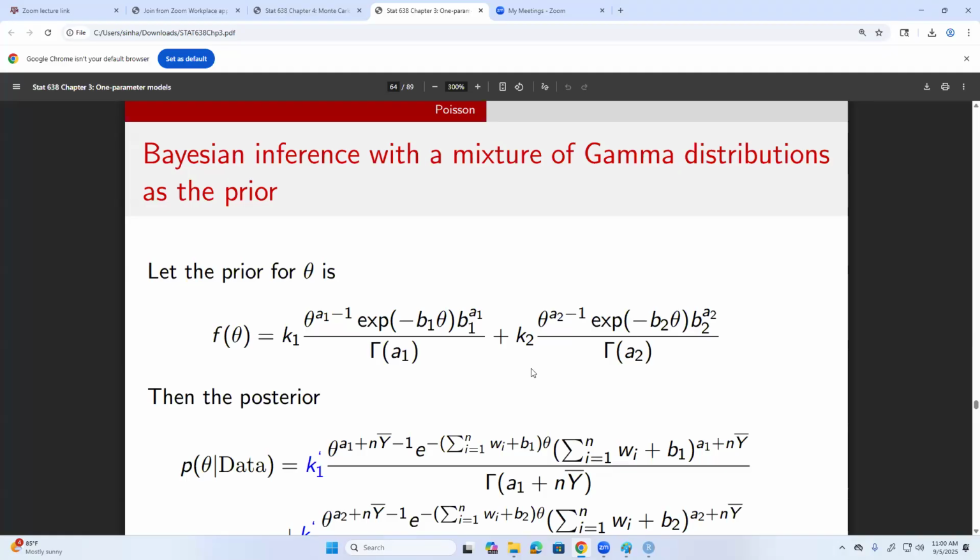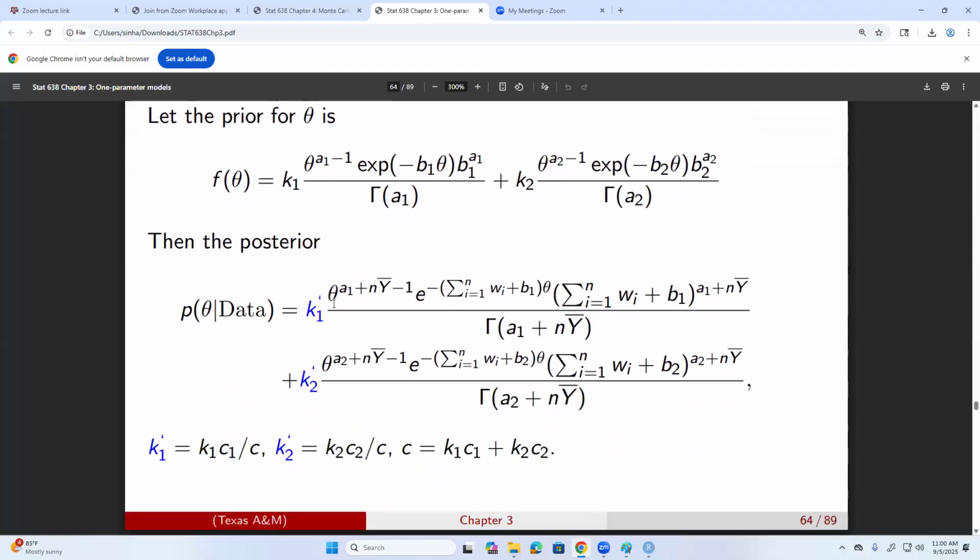Then the posterior is again a two-component mixture. The first component is again a gamma distribution: taking this kernel part, theta to the power a1 minus 1 and e to the power minus b1 theta, mixed with the likelihood part gave me the posterior distribution, and that posterior was this.